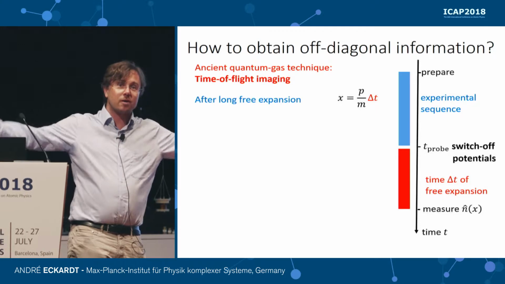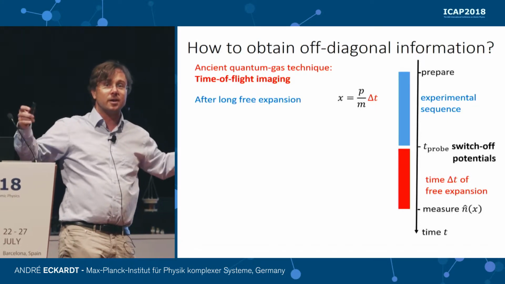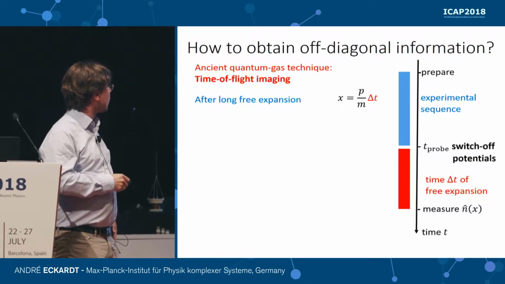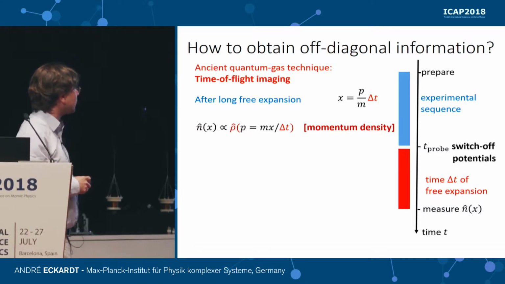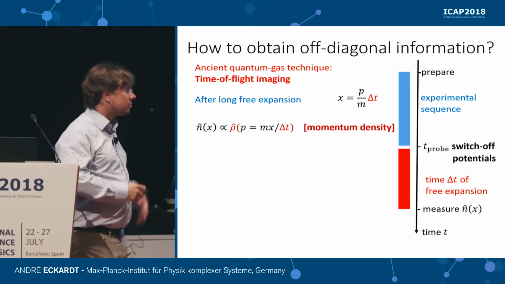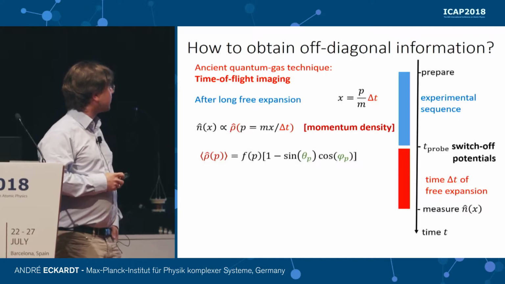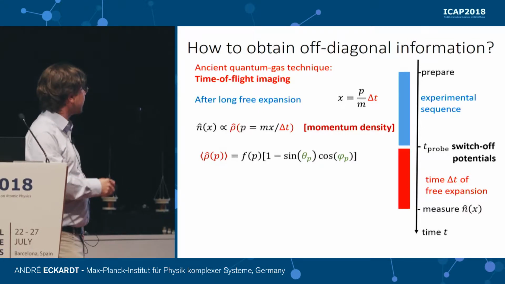So if you wait long enough so that this distance is much larger than the original extent of the atoms, your real space density corresponds to the momentum density. And this obviously contains off-diagonal information. For our particular example, you can show that you get something like this.